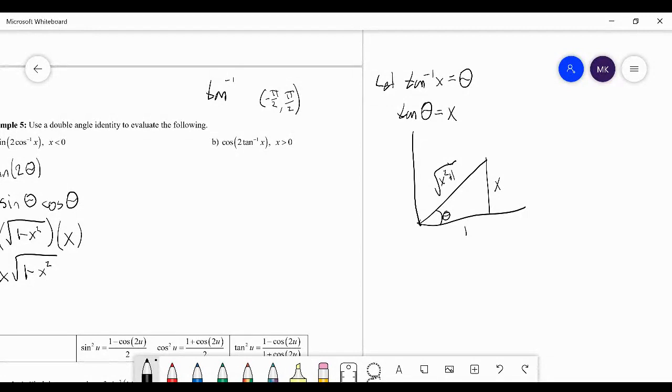Now, cosine of 2 inverse tangent of x is cosine 2 theta, because we let tangent inverse of x be theta.